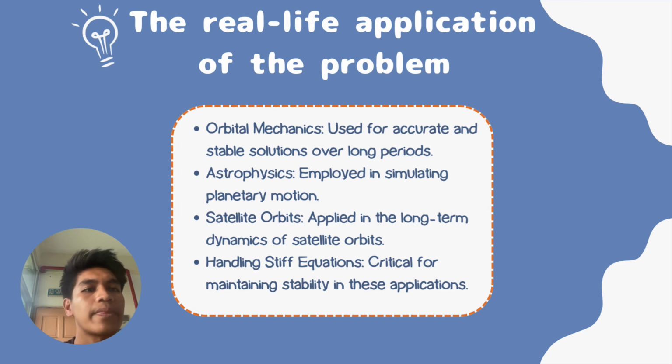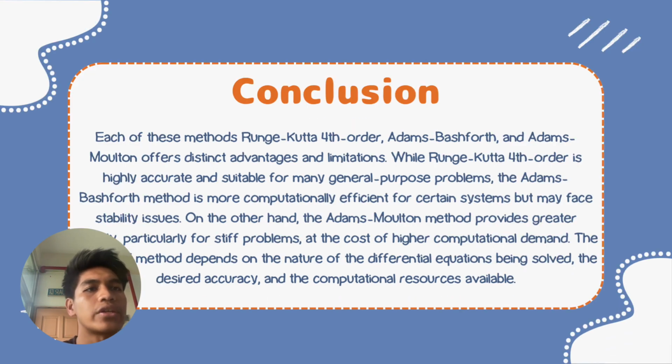Okay, let's move to the conclusion part, where we can conclude that each of these methods, Runge-Kutta fourth order, Adams-Bashforth, and Adams-Moulton, offers distinct advantages and limitations. While Runge-Kutta fourth order is highly accurate and suitable for many general purpose problems, the Adams-Bashforth method is more computationally efficient for certain systems but may face stability issues.